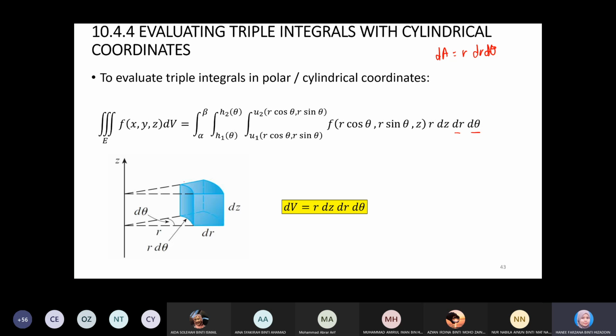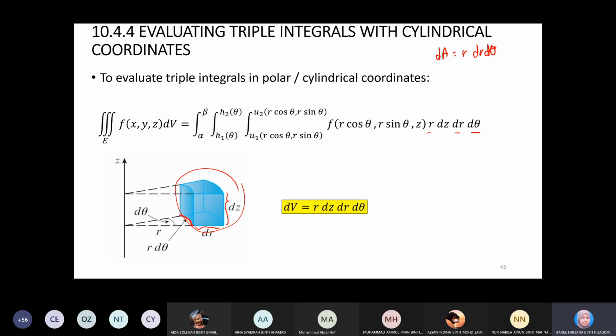If you cut the section as a solid, you get this shape. Here the length of this curve is r d theta, the height of this is dz, and the width of this is dr. So the volume of this section is r dz dr d theta.